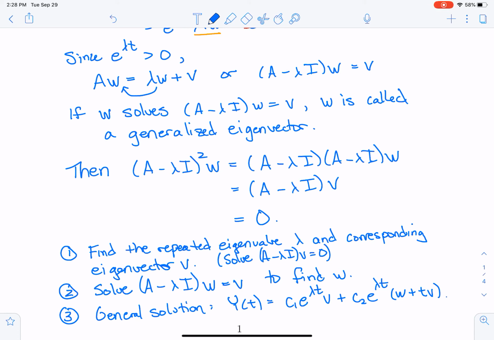And that gives you the process for finding the solution to one of these systems of differential equations where the matrix has a repeated eigenvalue lambda.